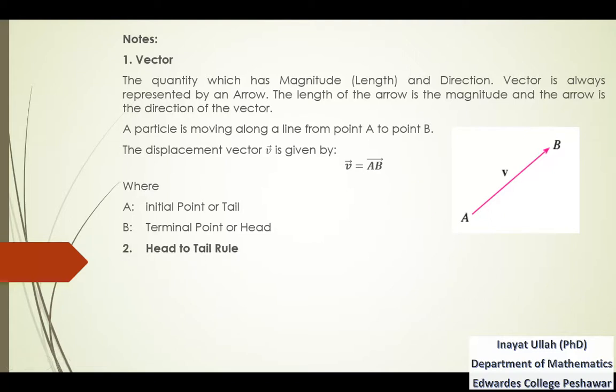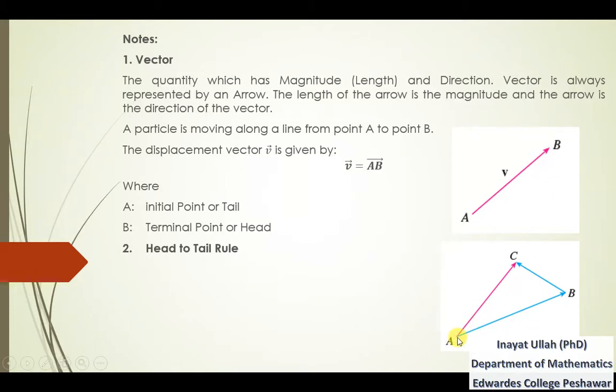Similarly, we have a well-known rule which is called the head to tail rule. What does it mean? For example, we want to reach from point A to point C, or we want to start our journey from place A to place C. So that is the displacement vector for that one.